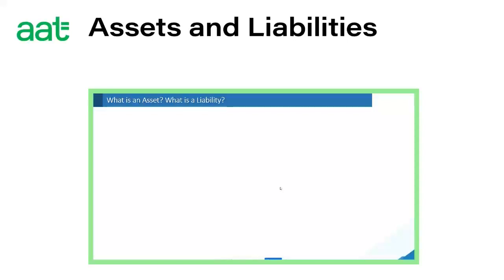Okay then, so what is an asset and what is a liability? Now, in business, there's a reason why we need to show these separately. So basically, an asset is something that the business owns or is owed.